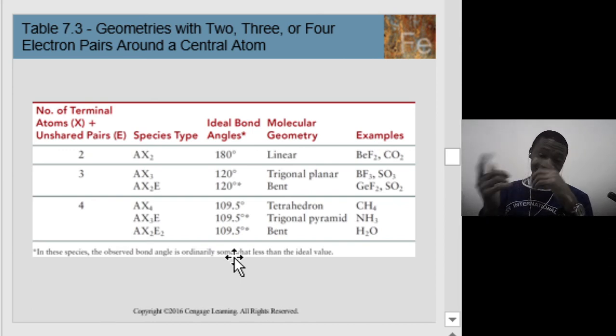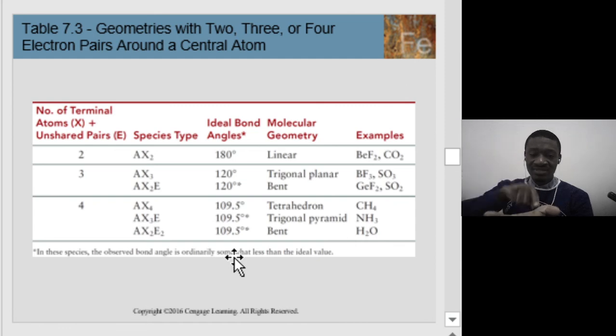I don't know how you call it though. So the AXE: the A is the central atom, the X is the attachment, and the E is your lone or unshared pairs of electrons.